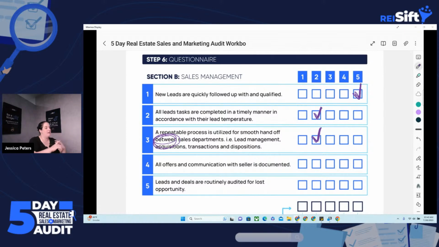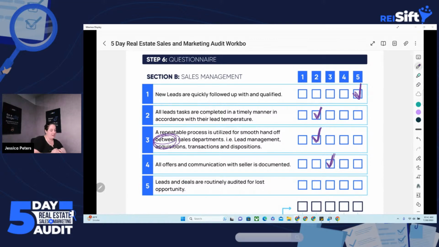You can go back and look at the conversations and notes. You can see all the offers you've made. We actually have offer tracking, which we'll dig into on Thursday. So if I am the lead manager and I pass it over to acquisitions to make offers, all of that is documented so anybody on my team can see it. So I'm going to give us a 3 on that one.